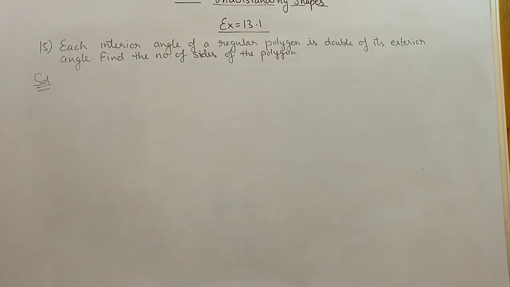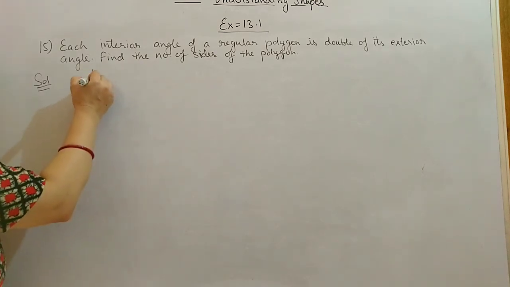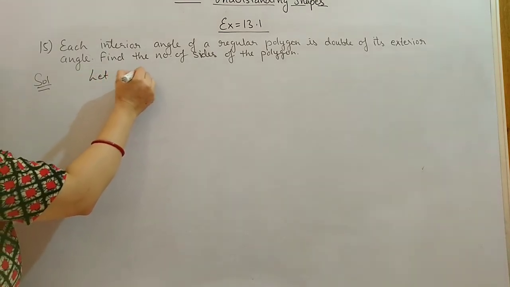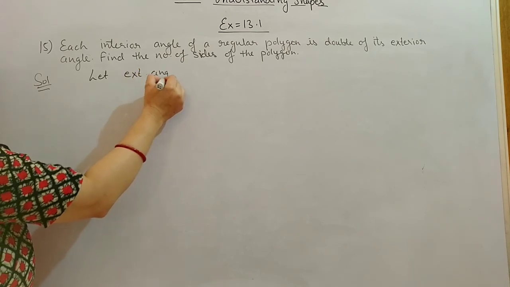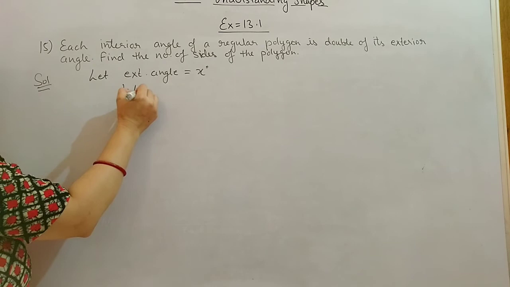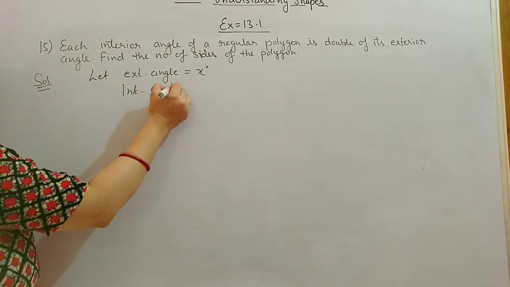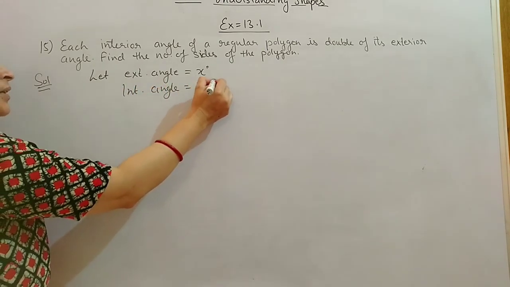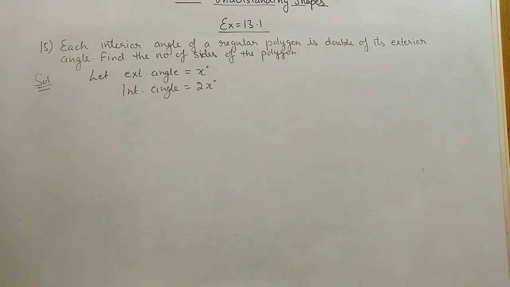Next, question number 15. Each interior angle of a regular polygon is double its exterior angle. Find the number of sides of the polygon. First, let the exterior angle be x degrees, then the interior angle will be 2x. It is given in the question, double of that, which means we have to multiply by 2.